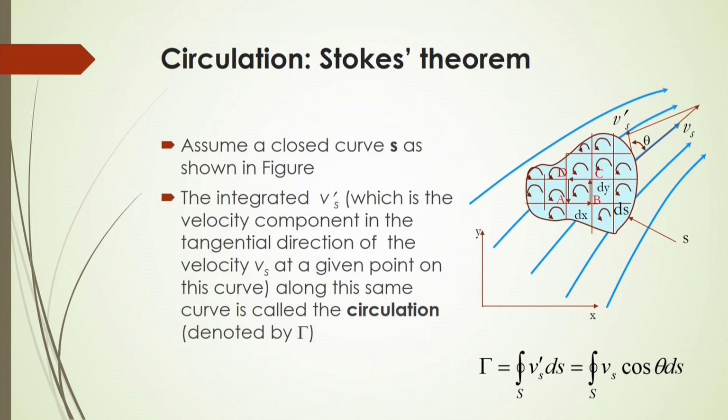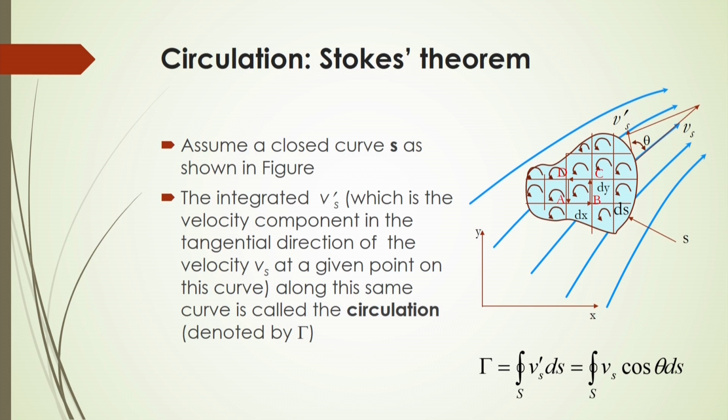Now, another important characteristic is called circulation, that is Stokes theorem. As per Stokes theorem, consider a closed curve in a streamline of fluid flow as shown in the figure. The integrated V s dash is nothing but the velocity component in the tangential direction of this velocity V s.